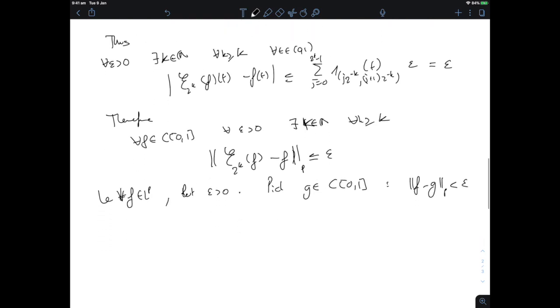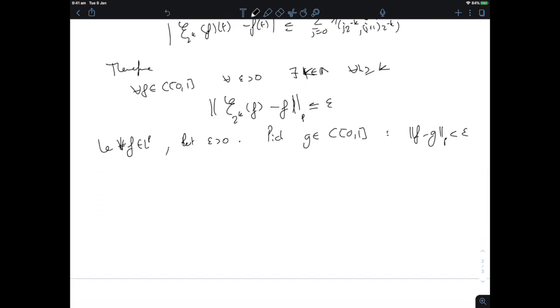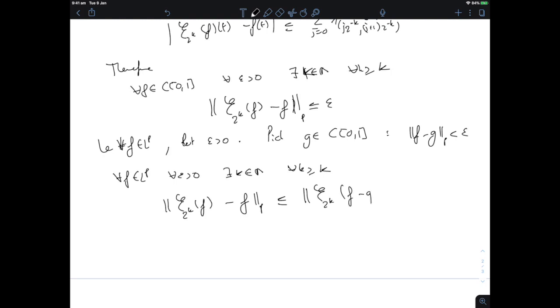And so once I've done that, I get what? I get that for every f in LP and for every epsilon, there exists a capital K, such that above that capital K, E2k of f minus f in LP is smaller than E2k of f minus g in LP by triangle inequality, plus f minus g in LP plus E2k of g minus g in LP.